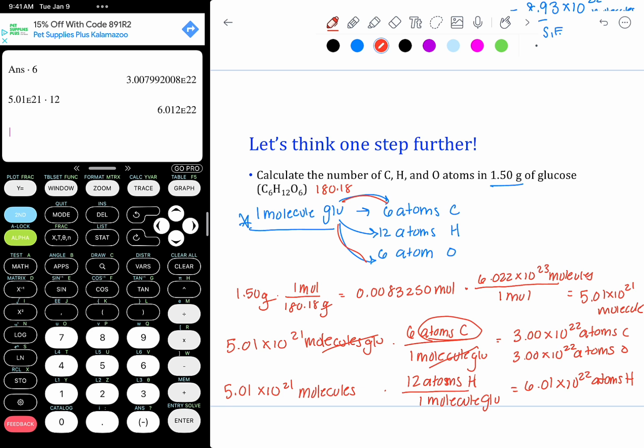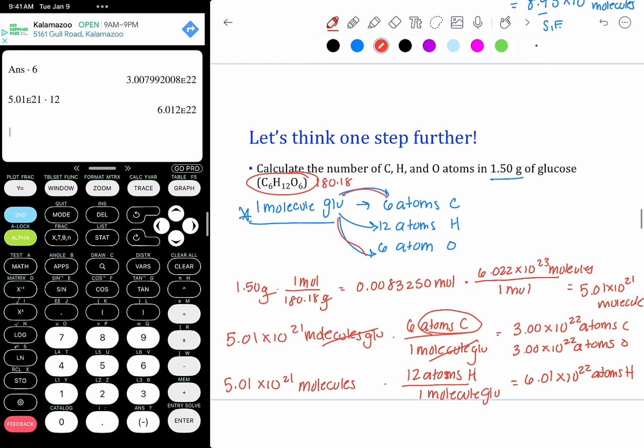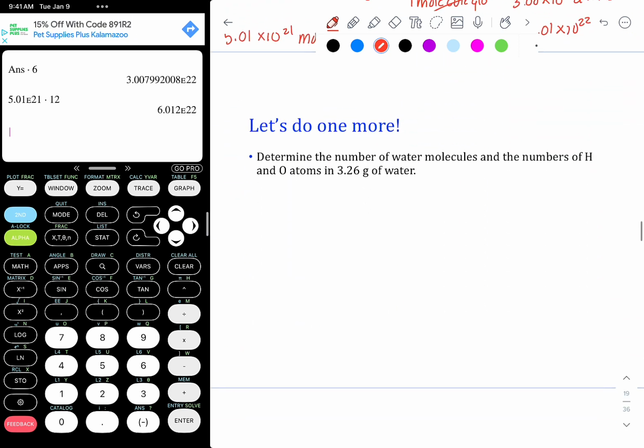Okay, so we can always take it one step further by using our basic equivalencies that we know about individual molecules and what those subscripts mean in their chemical formula. So what I want you to do now is try a similar problem: determine the number of water molecules and the number of hydrogen and oxygen atoms in 3.26 grams of water.